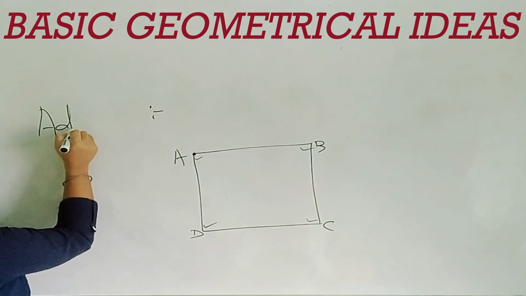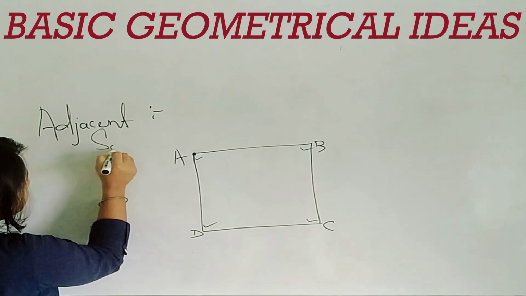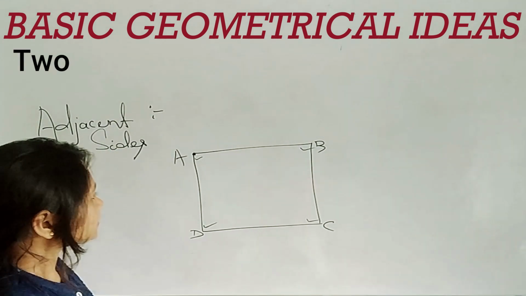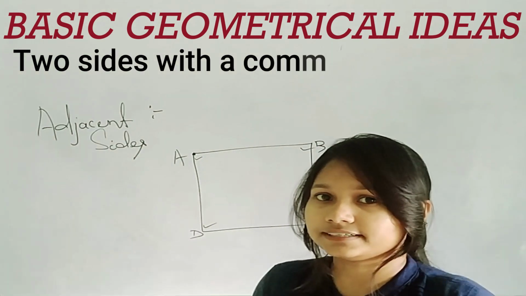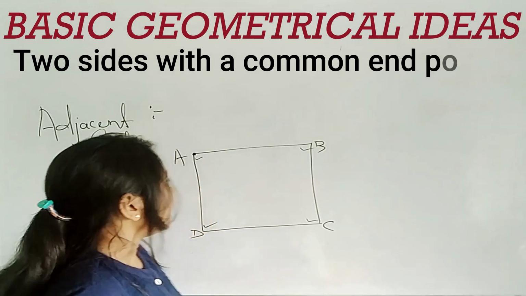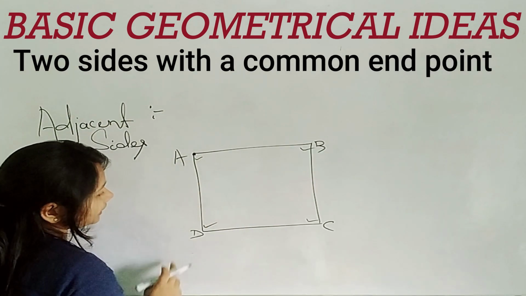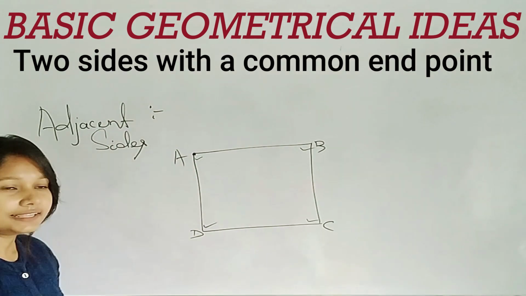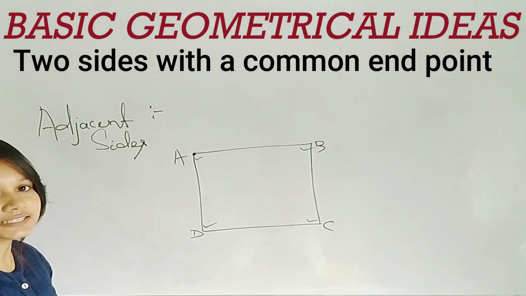Adjacent sides means a pair of lines sharing an endpoint. Here AD and DC line segments share a common point, that is D. Here we can call them adjacent sides.